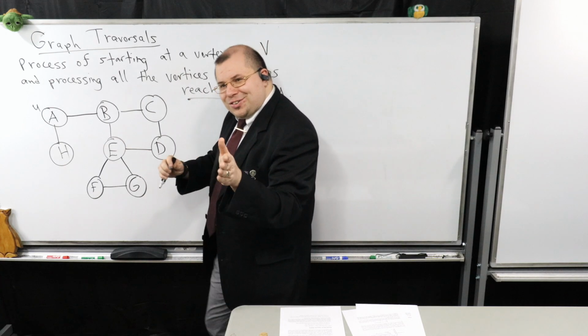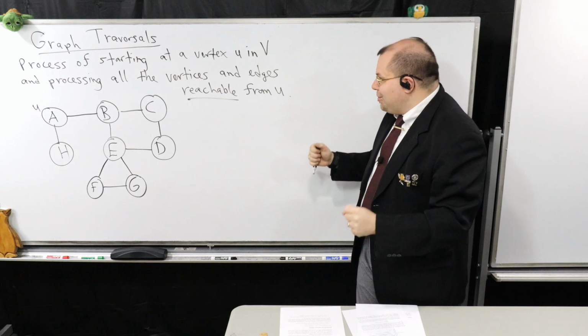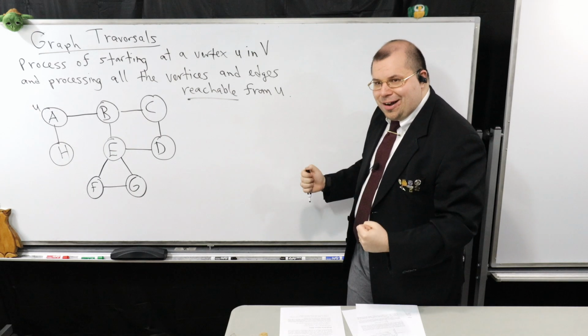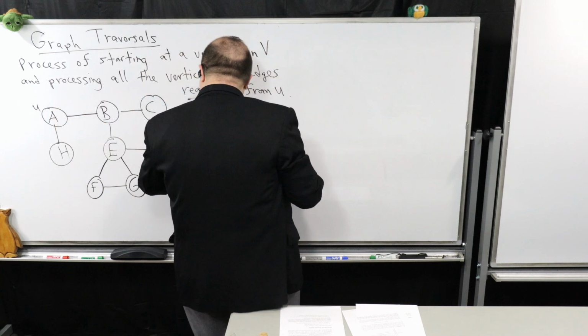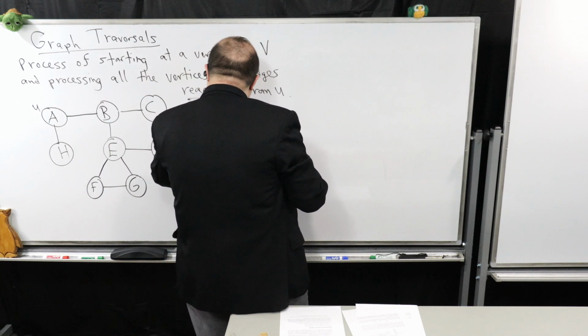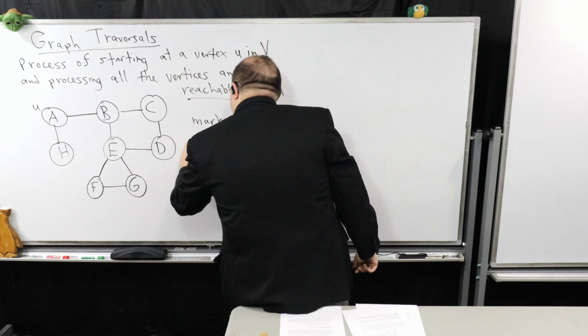So are there any questions so far, about the big game plan of what we're going to be doing here? So our goal is to process the entire graph. And the way we're going to achieve this is by marking vertices, and we're going to label edges.